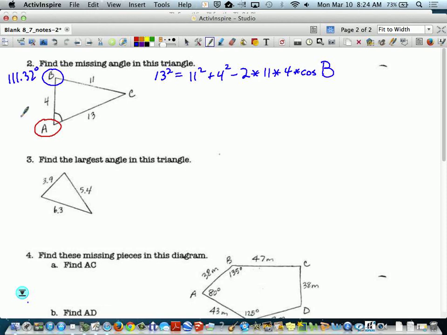So 111.32 degrees. With somebody sitting near you now, I want you to find angle A, and then we'll put the answer up there in a second. Now if I'm finding angle A, 11 is the partner, so that's what goes first.